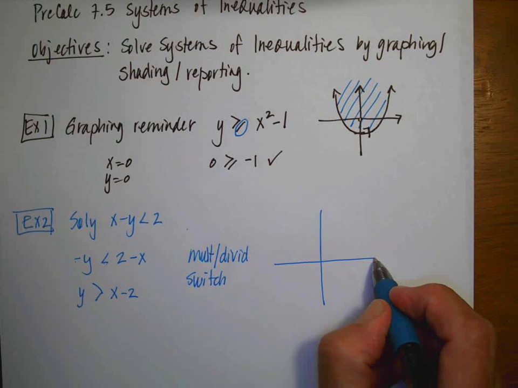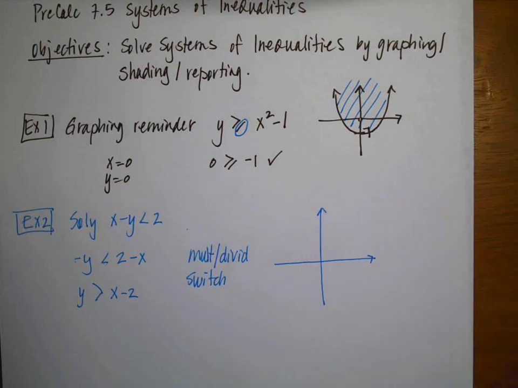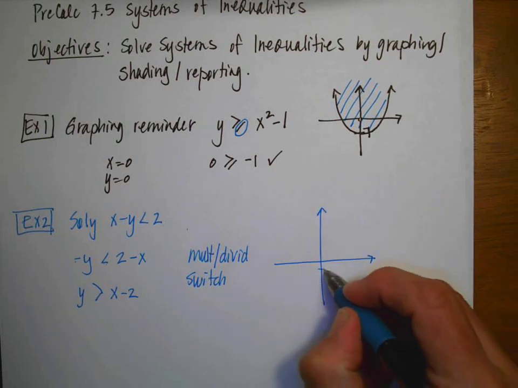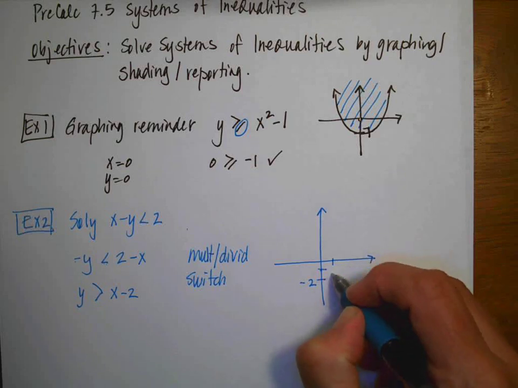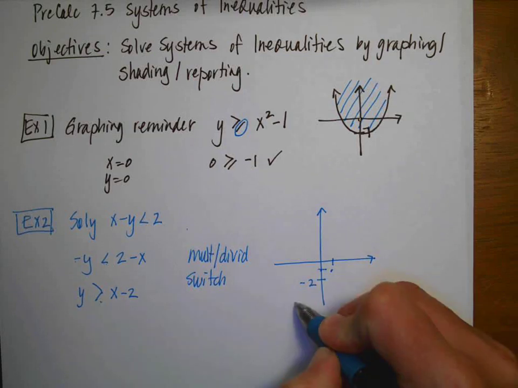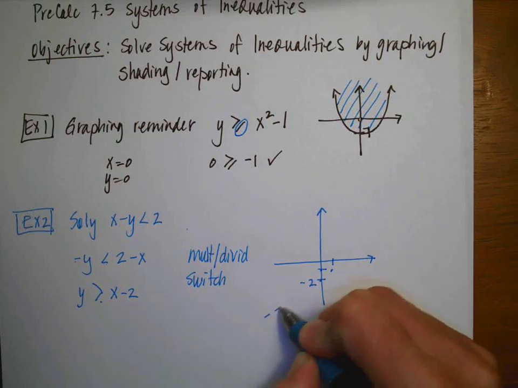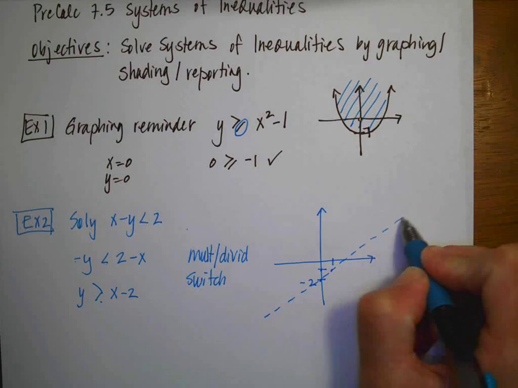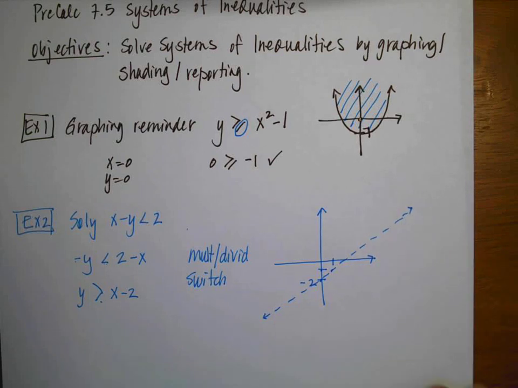So then I'm going to come over here and I'm going to do this one by hand because it's really pretty easy. So this is -2. My slope is up 1 over 1. Notice that I don't have the equality portion, so that means that 2 points define a line. The line is not a part of the solution. So there's my line. And then it says y is greater than.